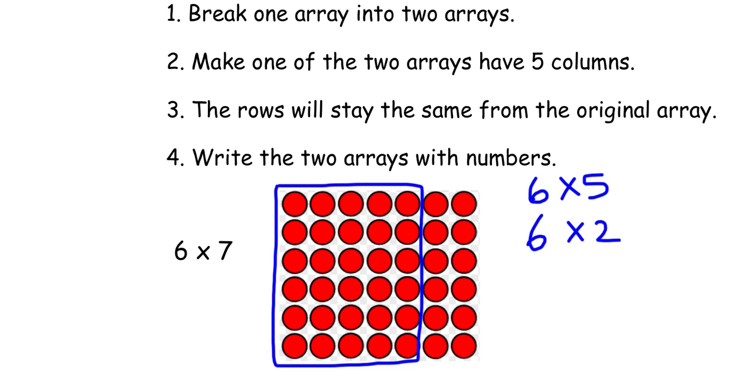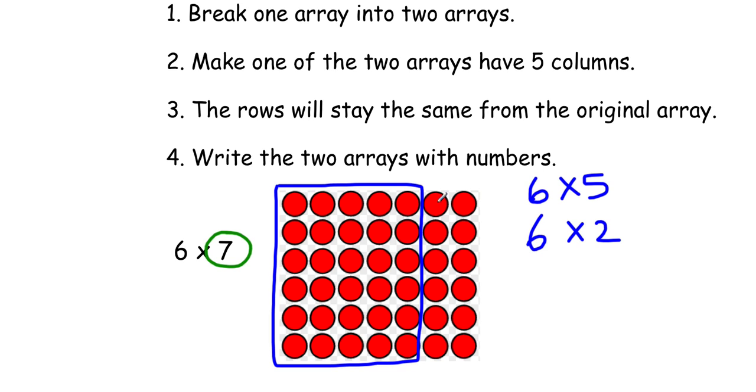Pretty cool. Break one array into two arrays, make one of the two arrays 5 columns. We know that. So we've done that on here in blue. And look at this. The rows will stay the same from the original array. So the rows never change. What changes is the columns.